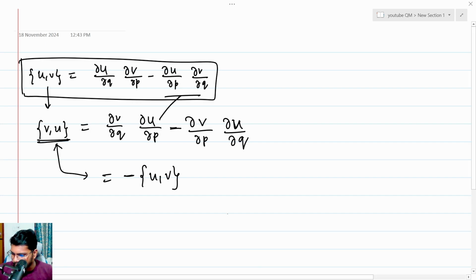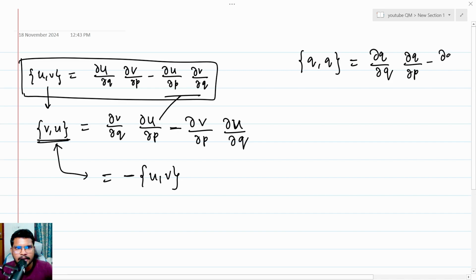Similarly, I can construct more things from it. Let's say I have a generalized coordinate and there is another coordinate, and what value am I going to get? You can see that del q by del q, del q by del p minus del q by del p, del q by del q. Del q by del q is 1, so the whole thing is going to be 0. Similarly, it's 0 and it's 1, it's 0.